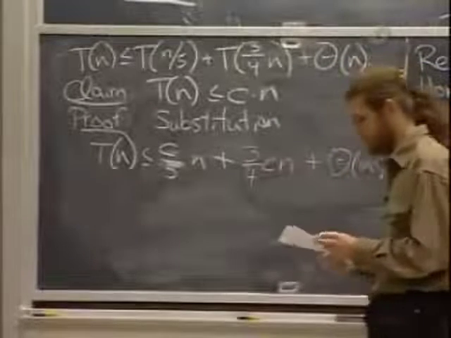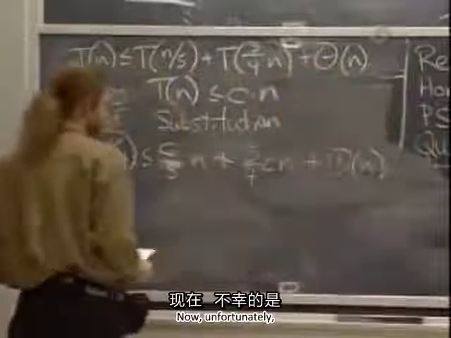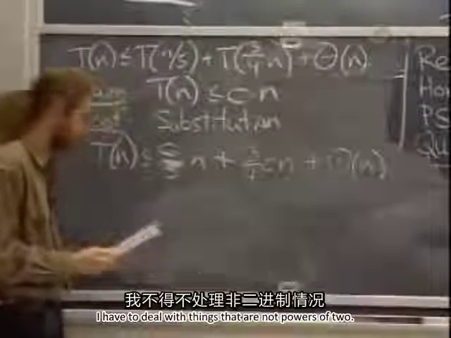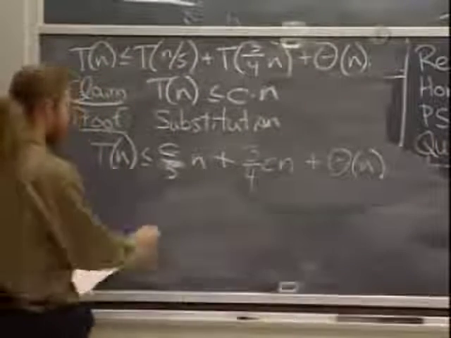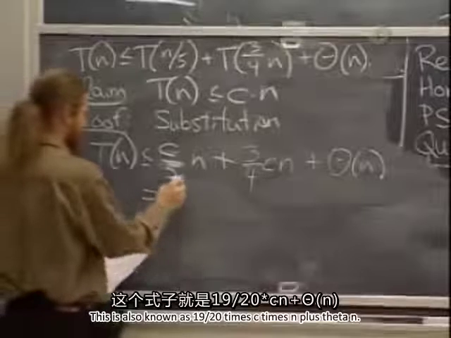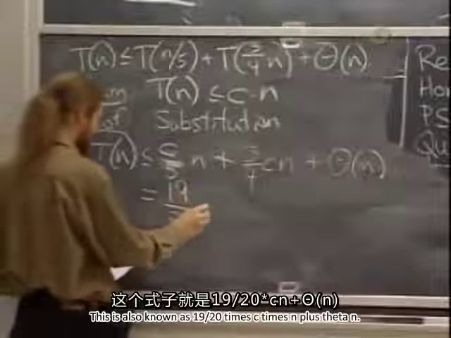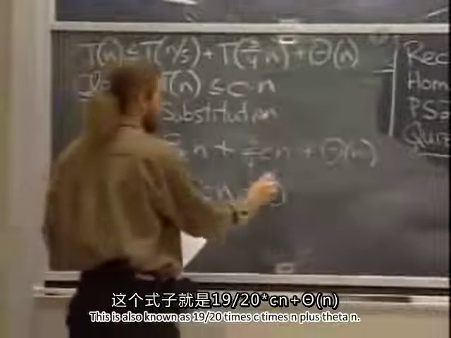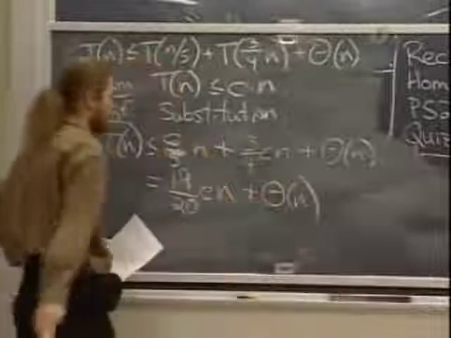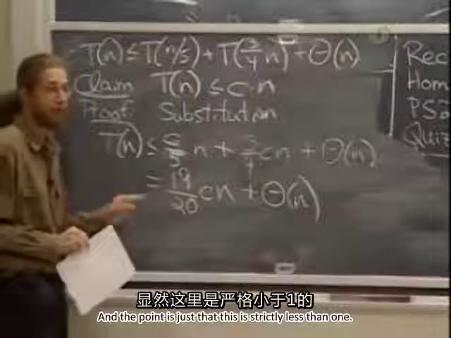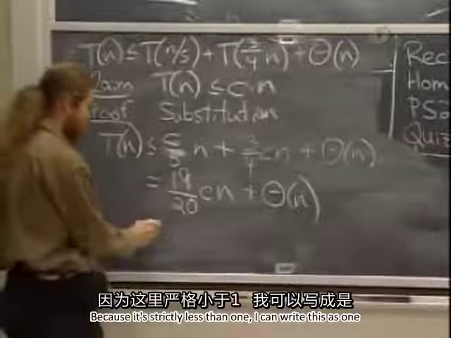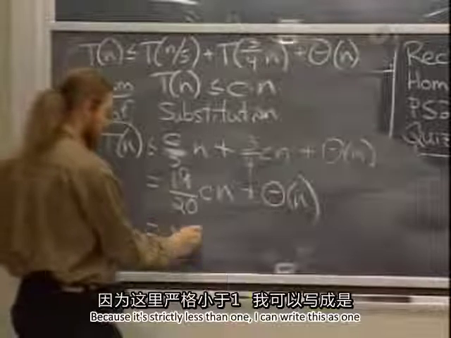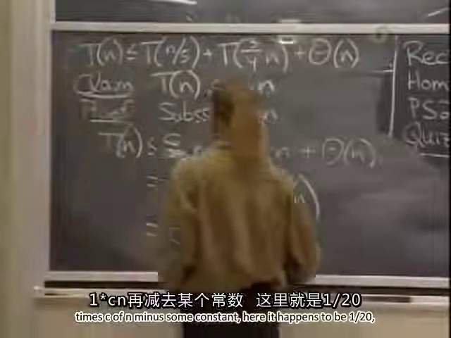Okay. Now, unfortunately, I have to deal with things that are not powers of 2. So I'll cheat and look in my notes. So this is 19/20ths times C times n, plus theta n. And the point is just that this is strictly less than 1. Because it's strictly less than 1, I can write this as 1 times Cn minus some constant.